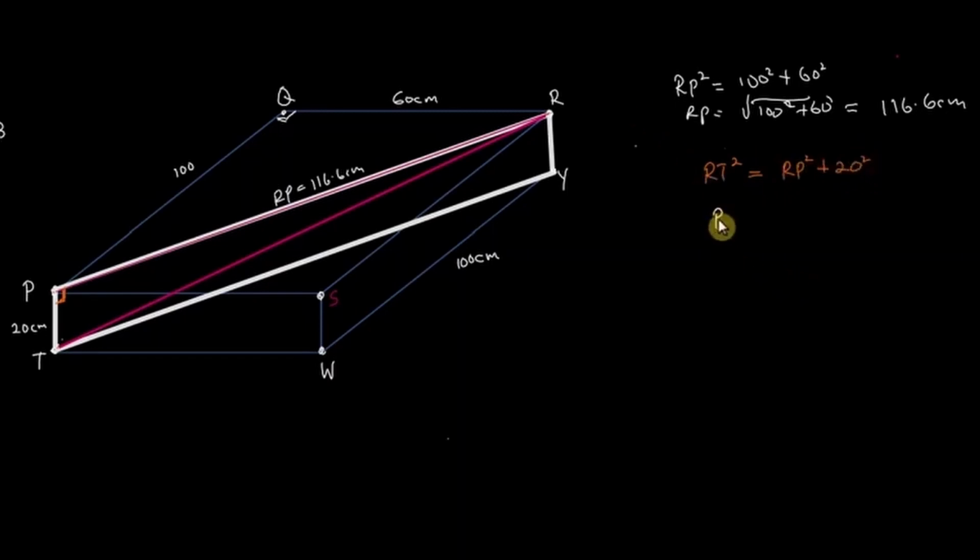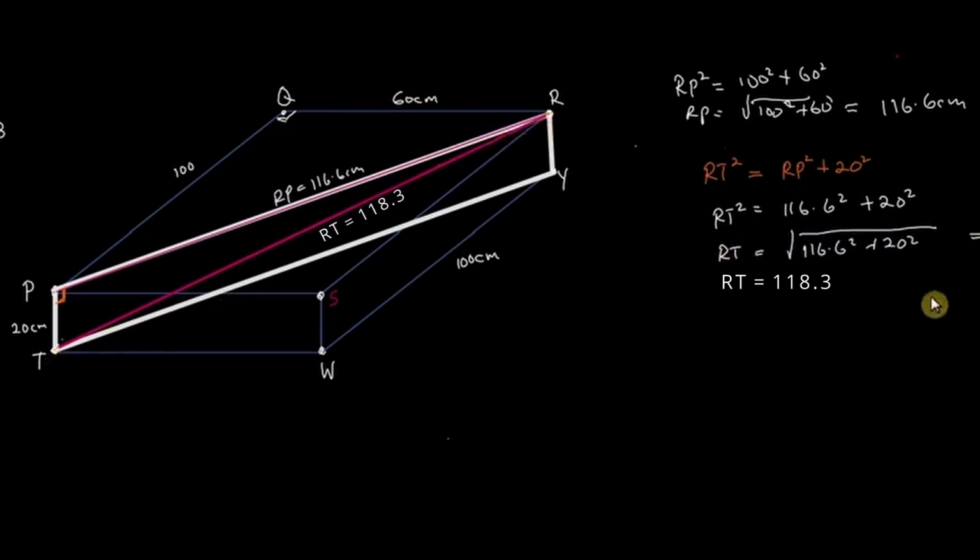So RT squared is equal to 116.6 squared plus 20 squared, and therefore we take the square root of that for RT, and that works out to be 118.3. So this length along this diagonal face is 118.3. I'm hoping you're all seeing that.